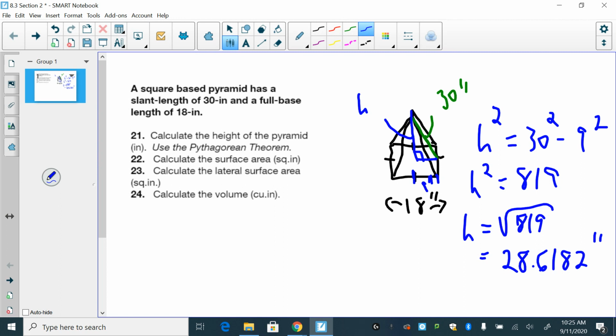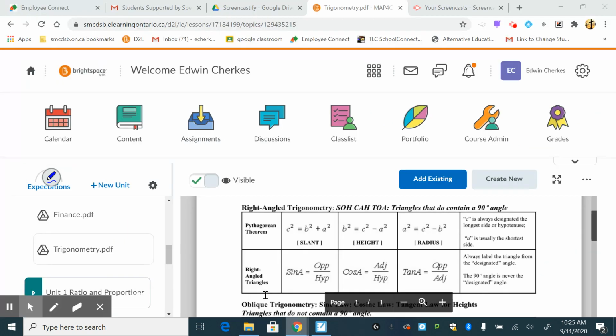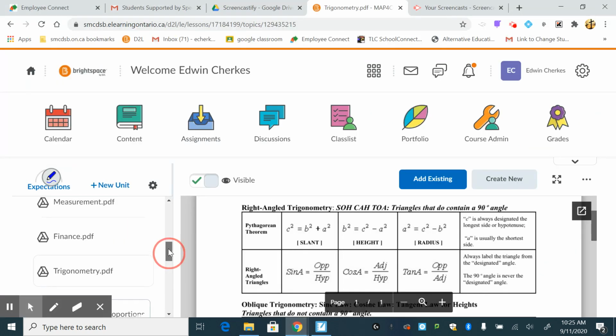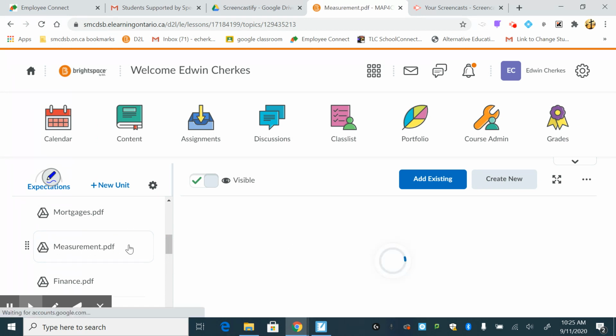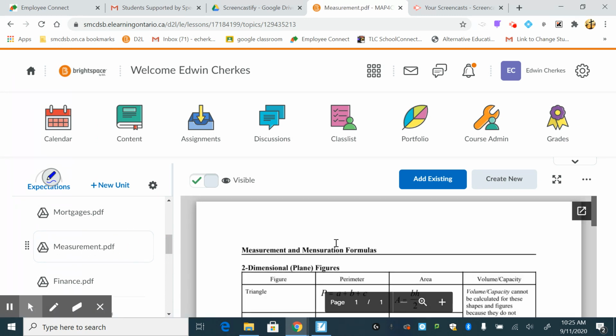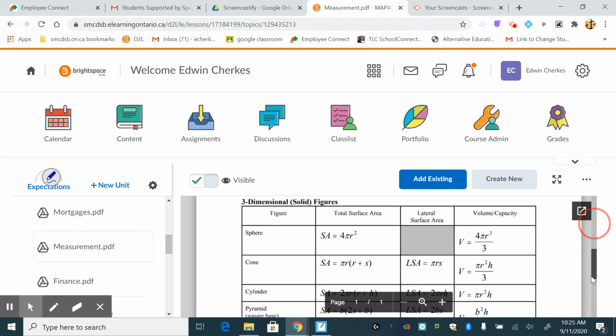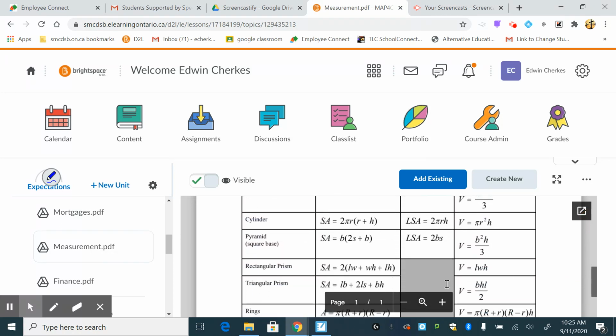Question 22, calculate the surface area in square inches. You want to go to your measurement section in your formula package. I'm looking for surface area of a pyramid. A pyramid is a 3D shape. I'm going to go all the way down, and there it is, pyramid, square base, surface area.